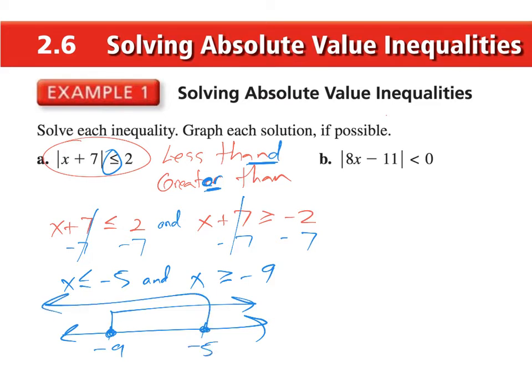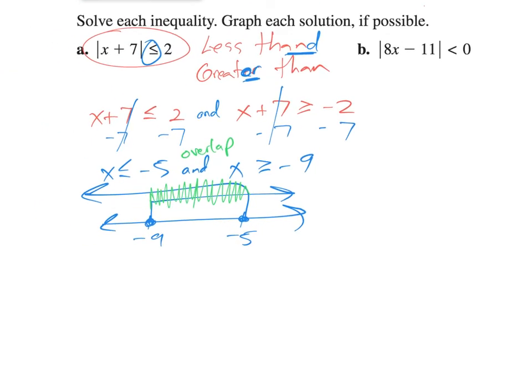Since the inequalities are connected by an "and", I want to look at where the graphs overlap, and that will tell me my solution. Where do the graphs overlap here? Between negative 9 and negative 5. My solution starts at negative 9 and ends at negative 5, with x in the middle.